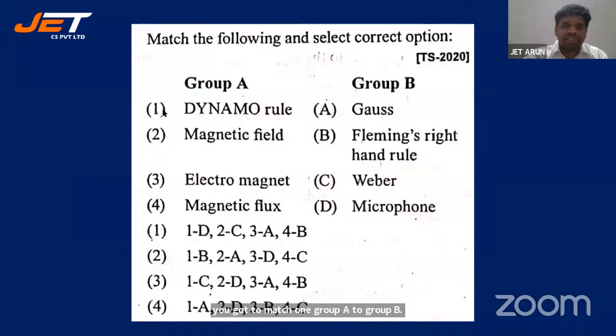Matrix matching types are usually a little confusing. But I must say, you people are doing really good in physics. I'm so happy. Make an attempt, students.